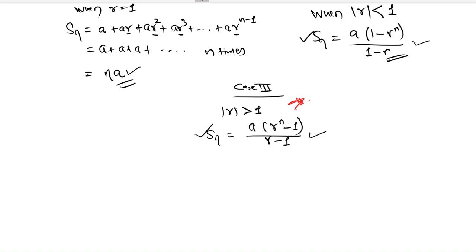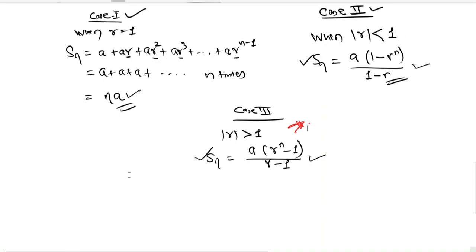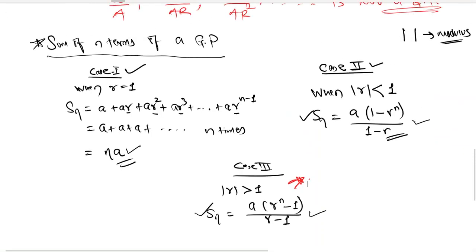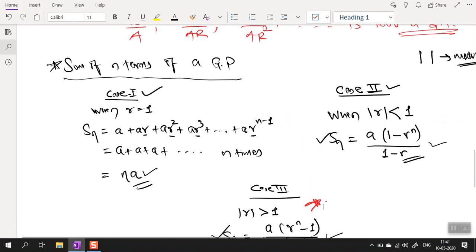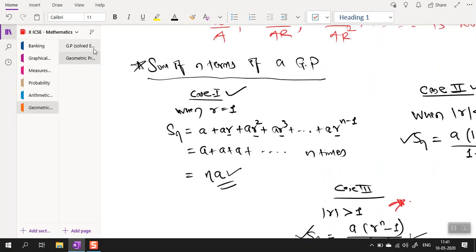I will show you both the methods, using the three different formulae in different cases, as well as using a single formula for any random case. We can still find the answer. So this is basically sum of n terms of a GP. Let's start with the solved examples.